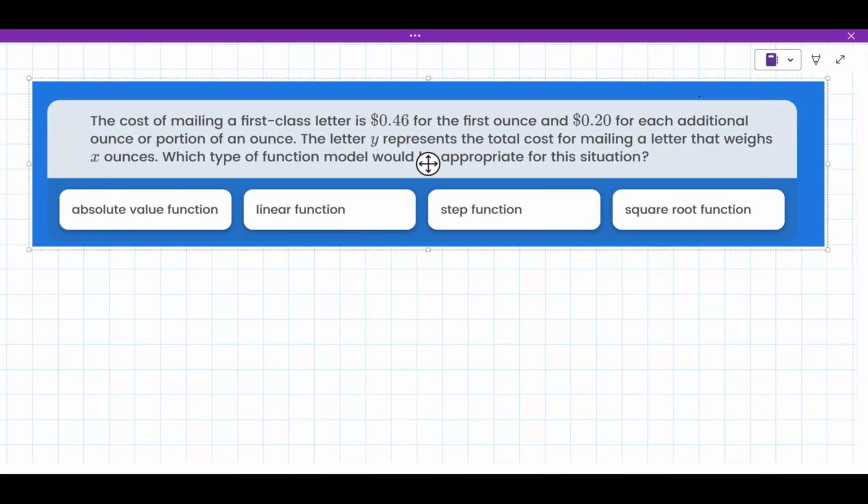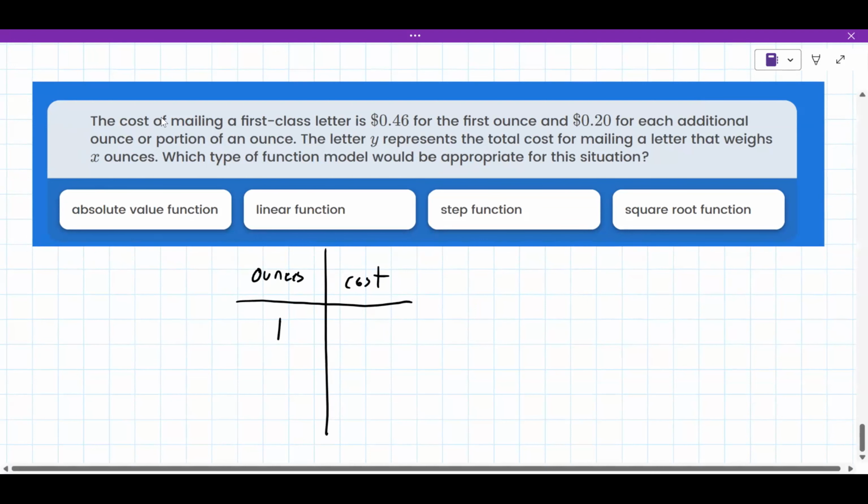Okay. So we're going to make a table here, ounces and then cost. Let's say something is 1 ounce. How much does it cost? That information's in the first sentence.